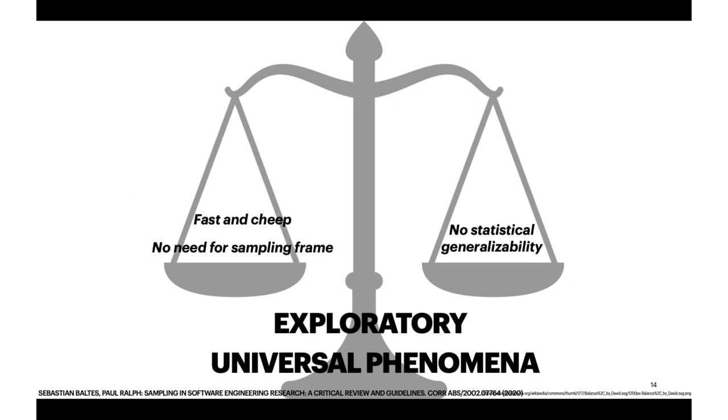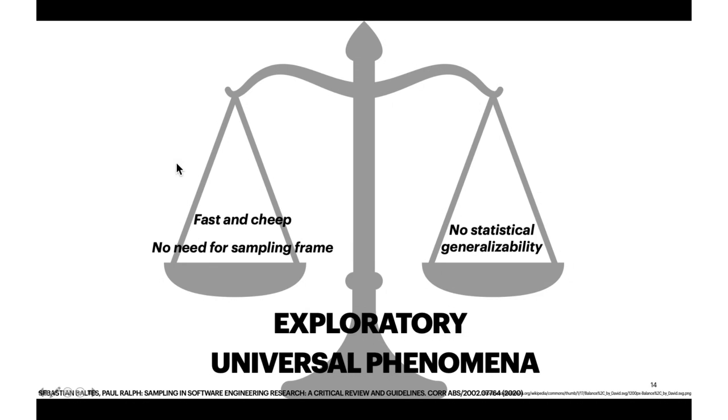For example, cognitive biases are related to how human beings make decisions, and to decision making in general, as opposed to specific technological problems, even though those decisions can be taken in a given technological context. So if our goal is to study cognitive biases, then we still might use convenience sampling, even though this might not be appropriate for other kinds of studies.